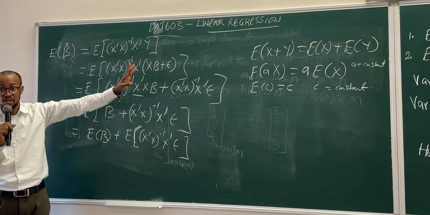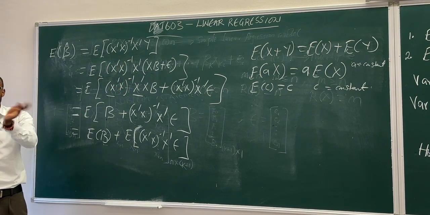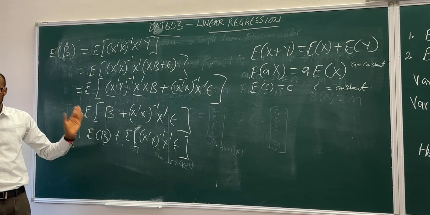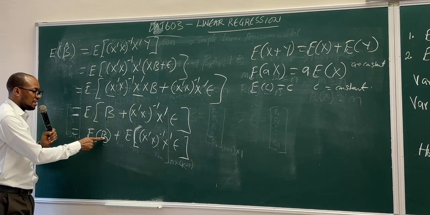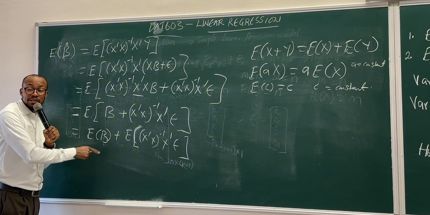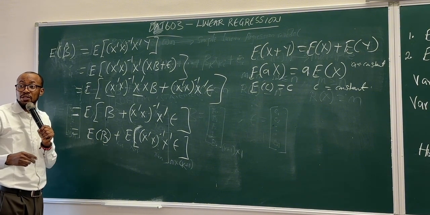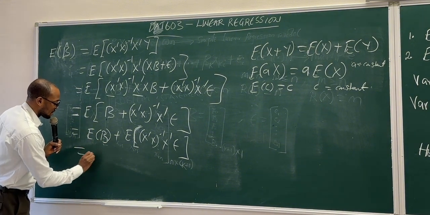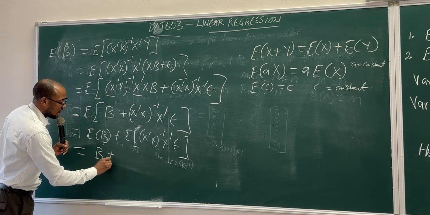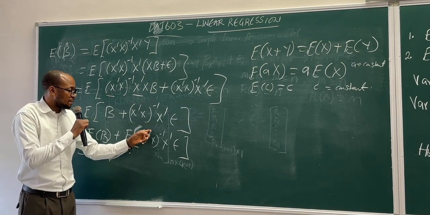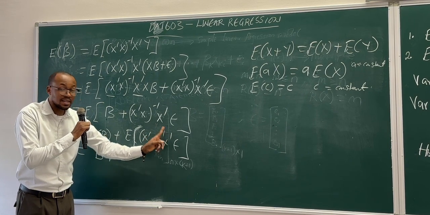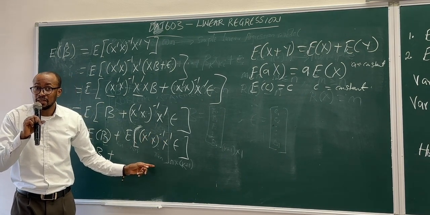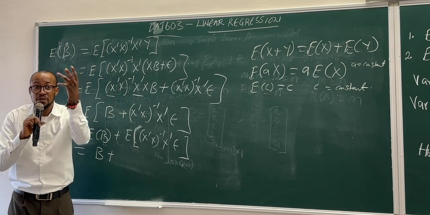That's why I have to be detailed with those rules. I don't want us to rush things. We just have to take it systematically. Now, beta is a constant, so the expectation of beta is beta. Good. So we're going to be left with beta plus, now, this matrix here, x transpose x inverse times x, they are also constant because they are a set of fixed values.